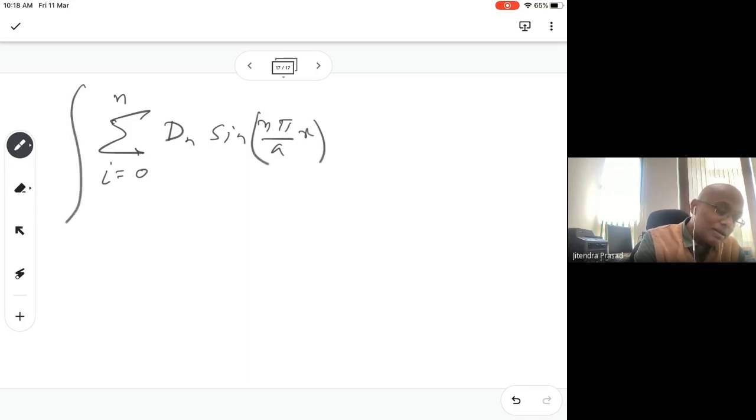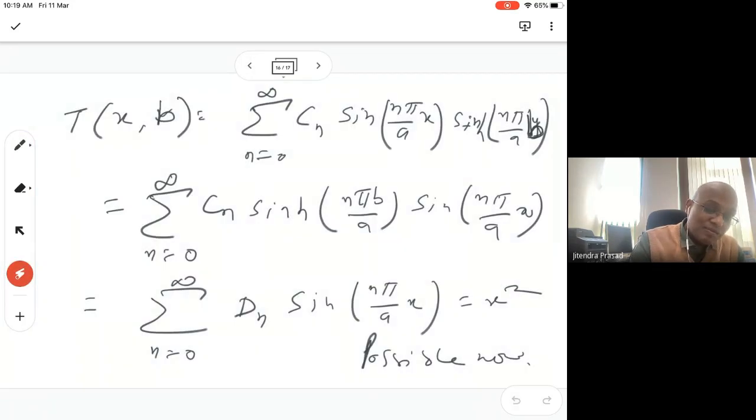We integrate 0 to a, dx, because both sides have to be made equal, right?